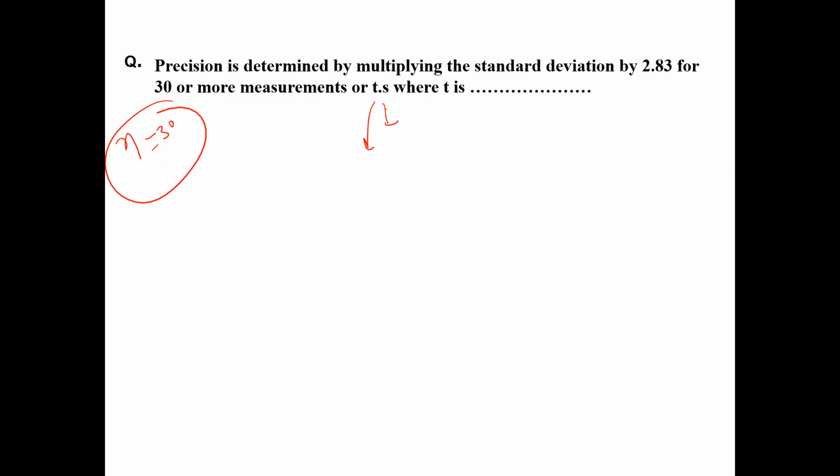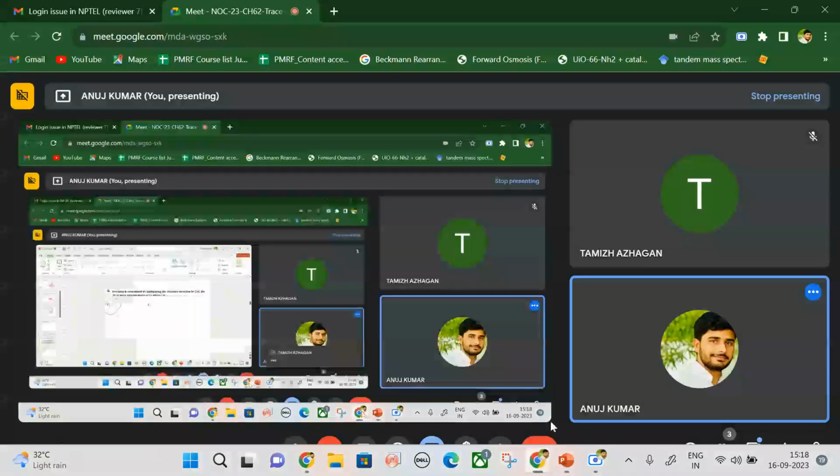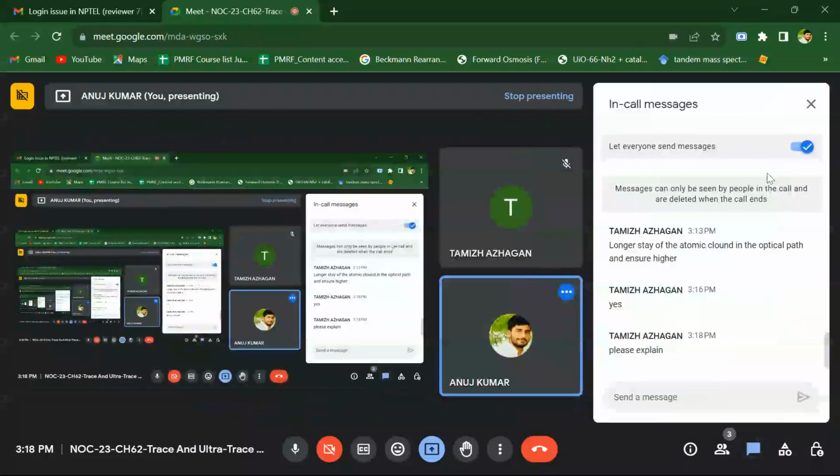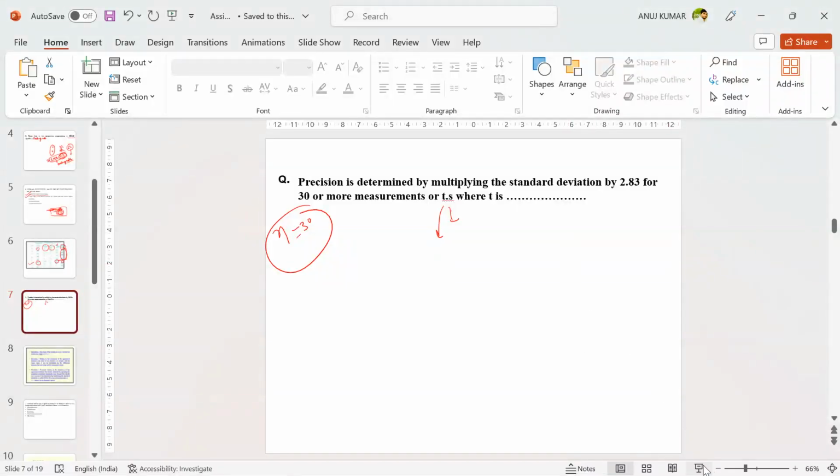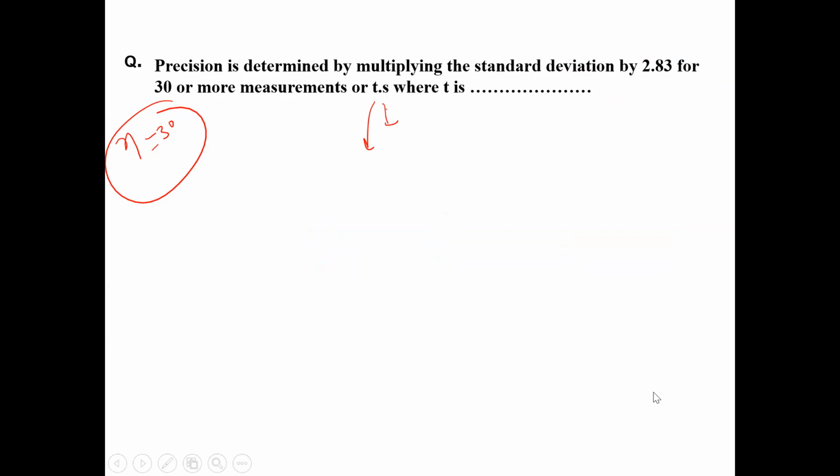So if I ask you what is precision? Any idea? Precision is basically the closeness of the readings you have taken.